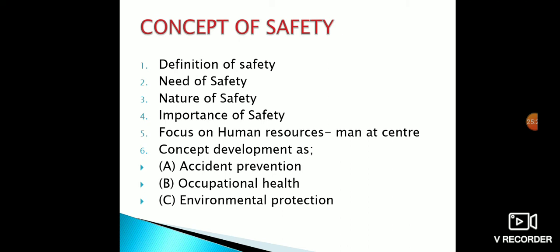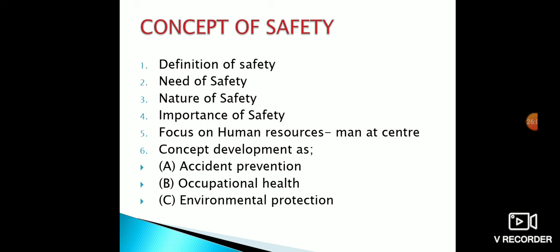Then we will discuss about nature of safety. Then point number 4 is importance of safety, means what is the importance of safety. We will discuss it in this point, concept of safety. Then we will discuss point number 5, focus on human resources, man at center.